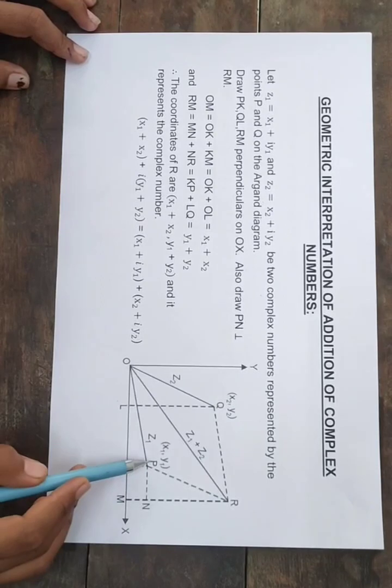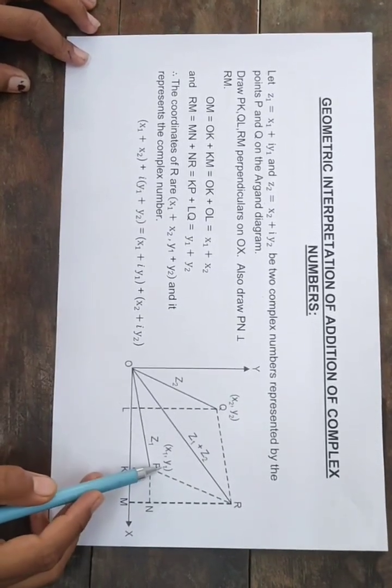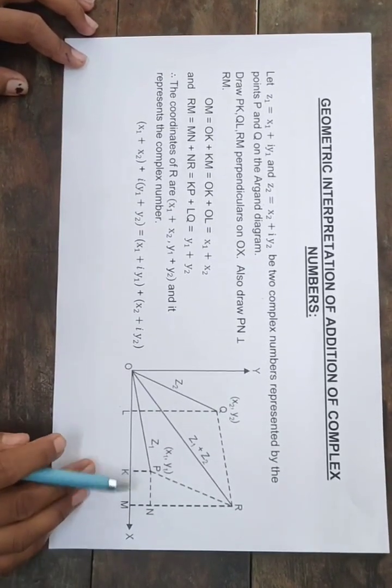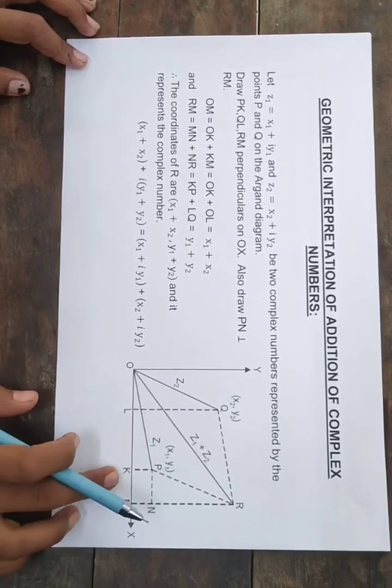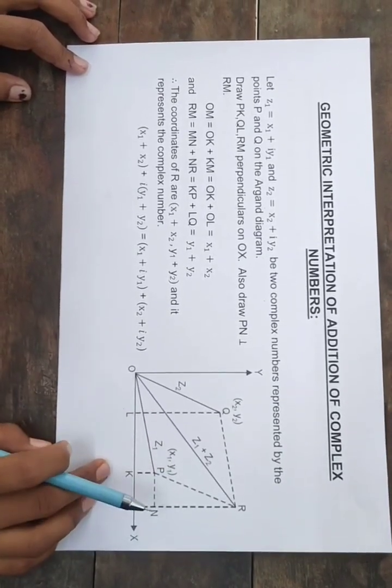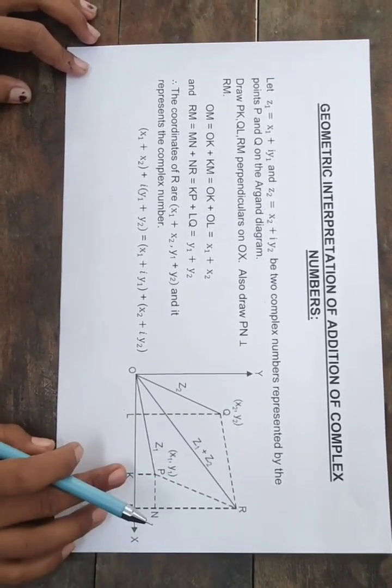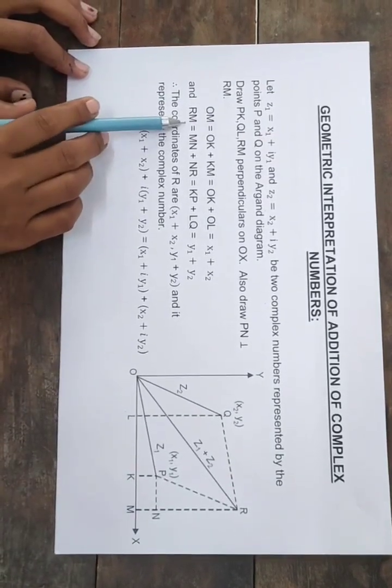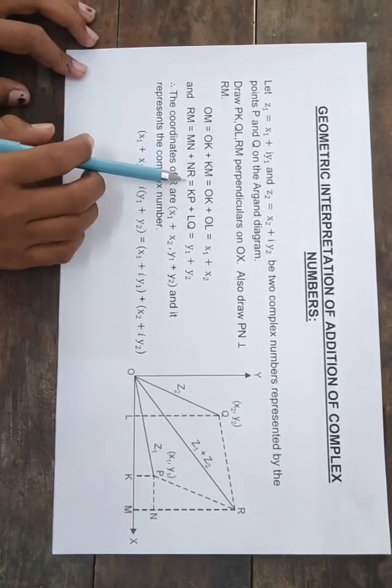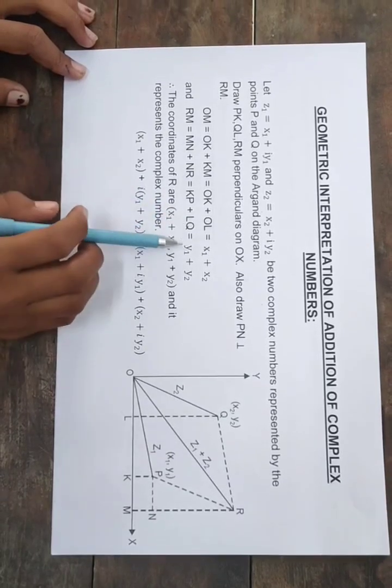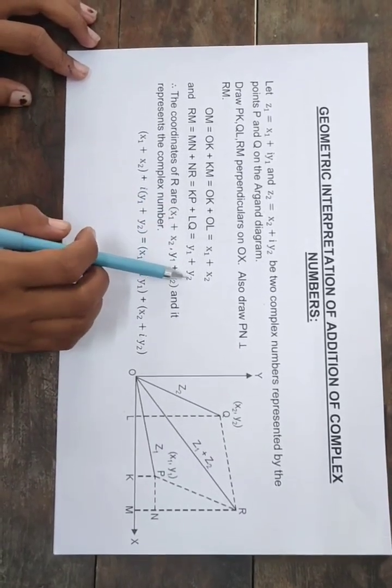The coordinates of P are x1 and y1. So we can take the distance OK as x1 plus x2, and RM is equal to MN plus NR, which is equal to KP plus LQ, which is y1 plus y2.